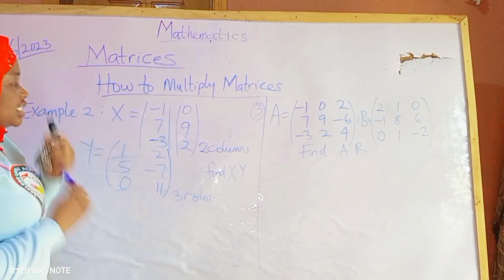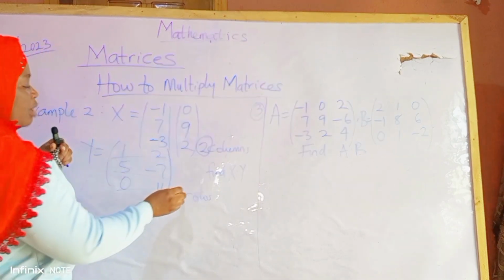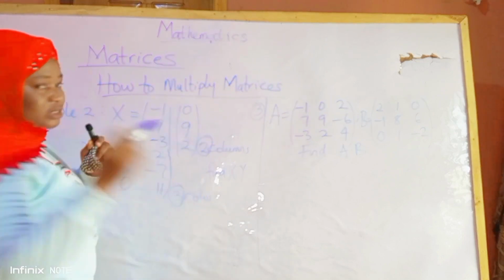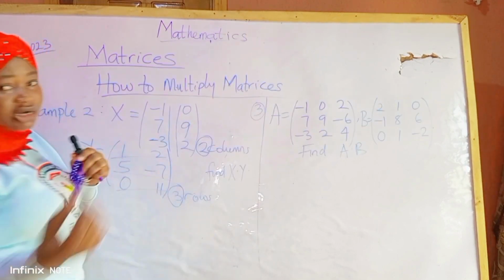Why? Because the number of columns here is not the same thing as the number of rows here. The number of columns of the first matrix must be the same thing as the number of rows of the second matrix.